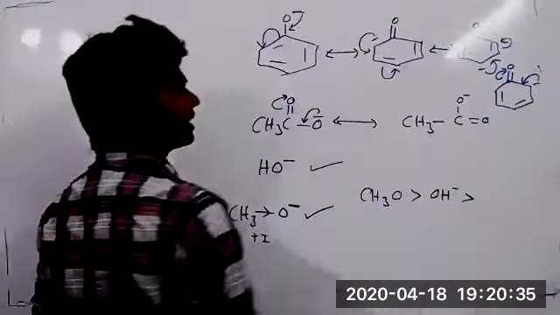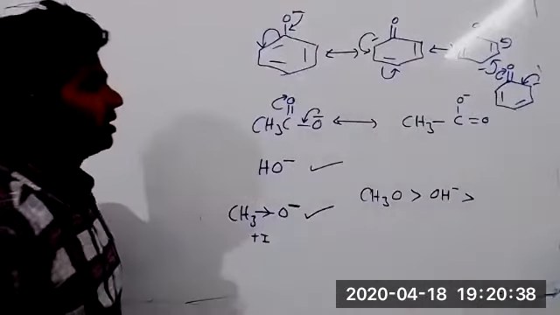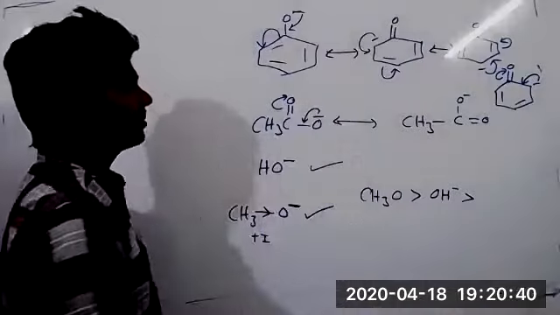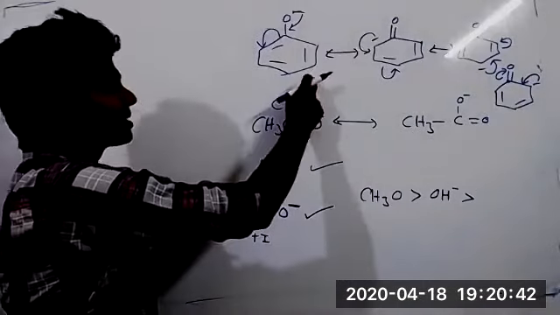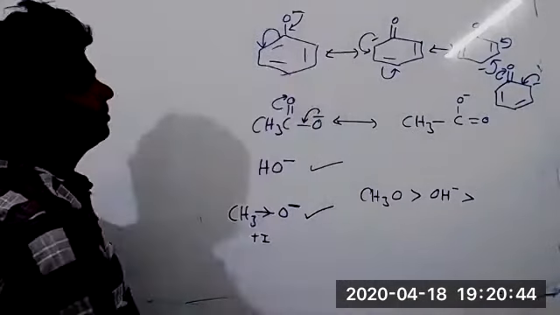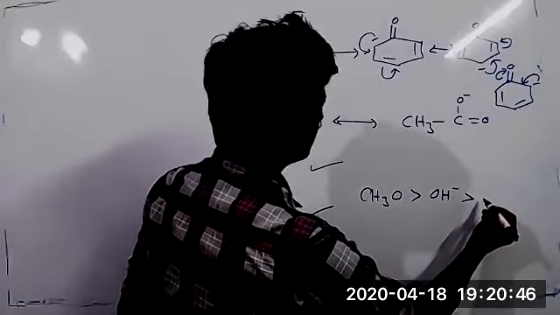So these three are the resonance structures. Finally, it gives the same structure. So compared to this, this is somewhat stable, I mean it is the intermediate also. That's why this is less reactive, the phenoxide ion.